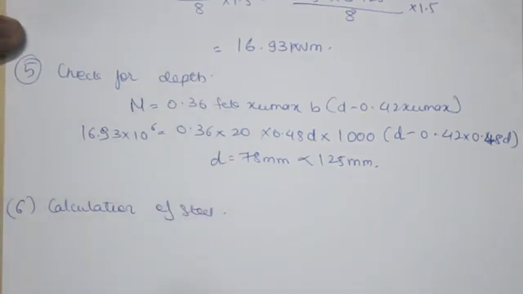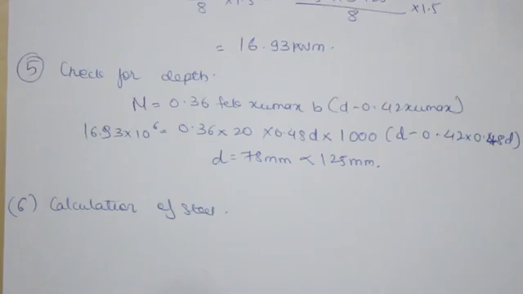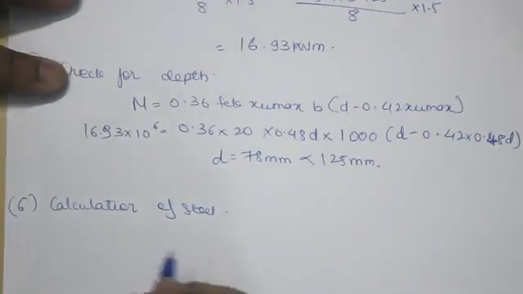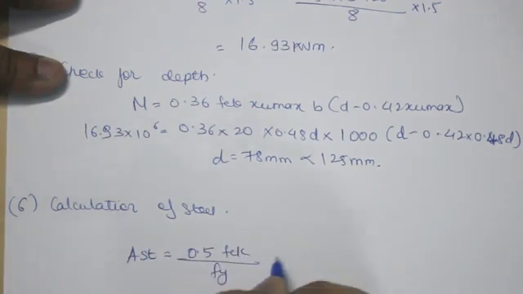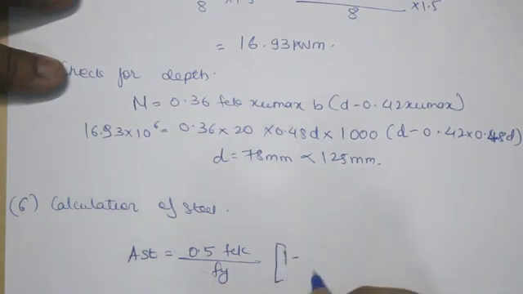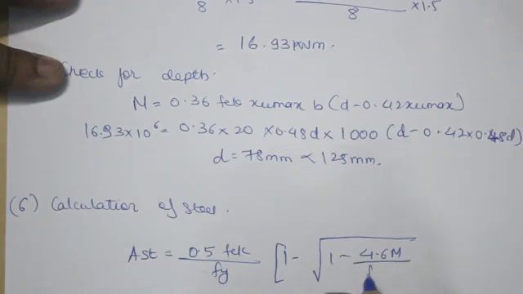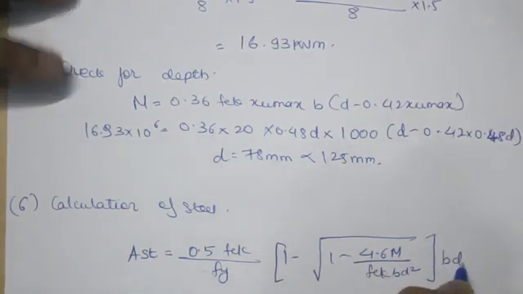So again, in this case we'll use the same formula which was for the simply supported beam, that was Ast equal to 0.5 fck upon fy, 1 minus under root of 1 minus 4.6 M upon fck b d square, multiplied by b into d.